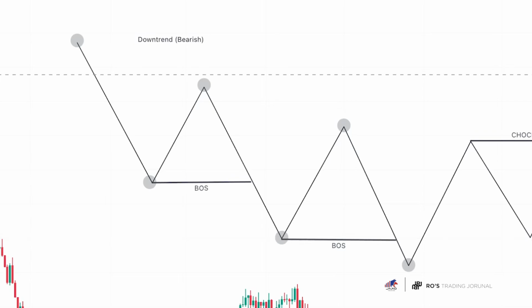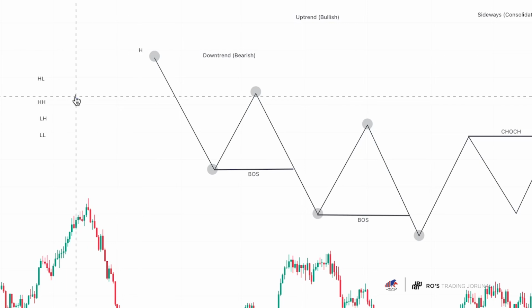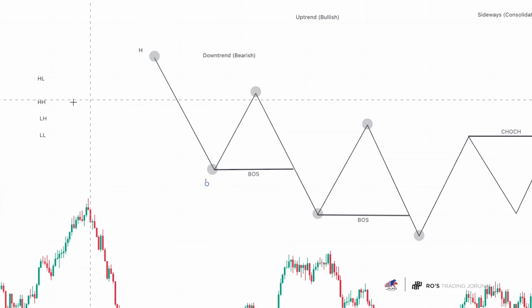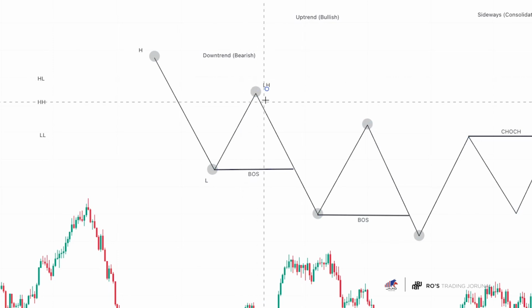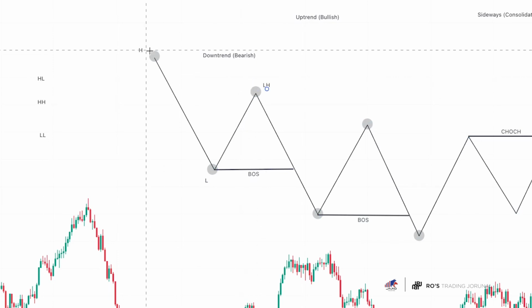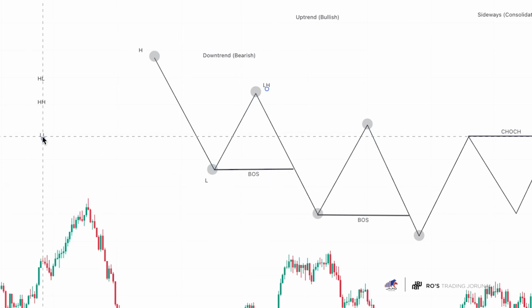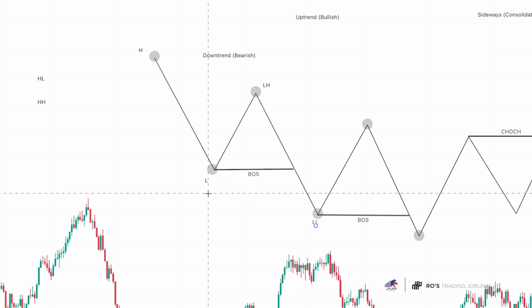Again, this is your high, and then this becomes your low, right? If this is your high, then this becomes your lower high because it is lower than the previous high. If this is your low, then this becomes your lower low because it is lower than the previous low.